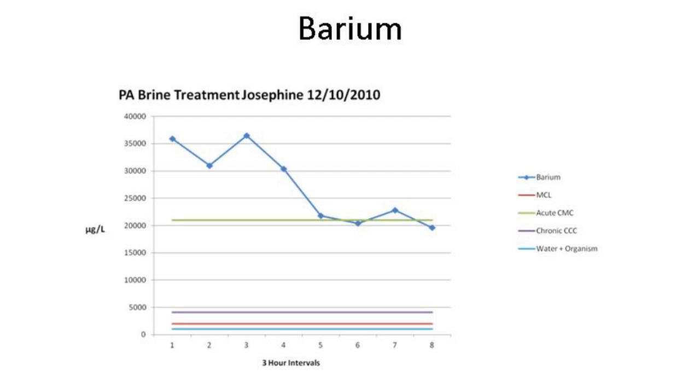The barium that they're putting into the water is above the acute criteria maximum concentration for living things in that stream, period. Here is the chronic level for wildlife, much lower. And the maximum concentration in drinking water of barium is way down here.